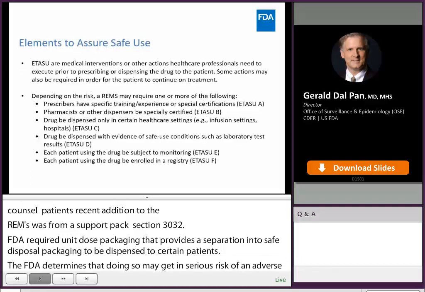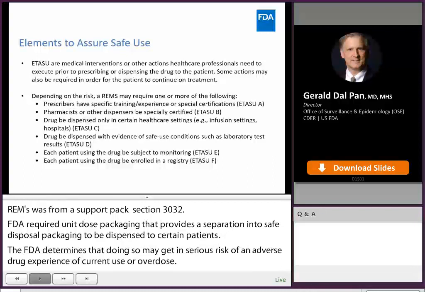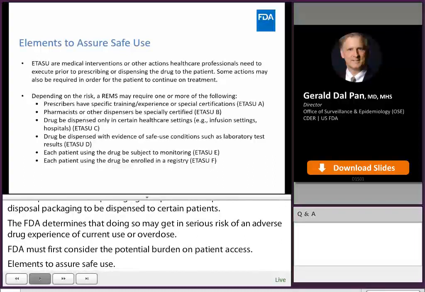Elements to assure safe use. These are medical interventions or other actions that professionals need to execute prior to prescribing or dispensing a medicine to a patient.